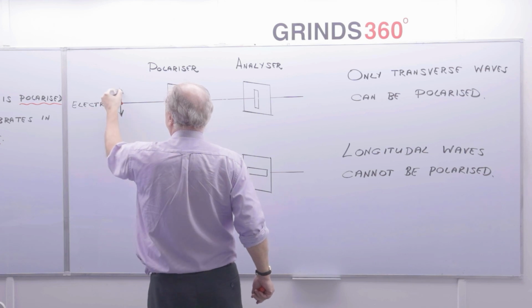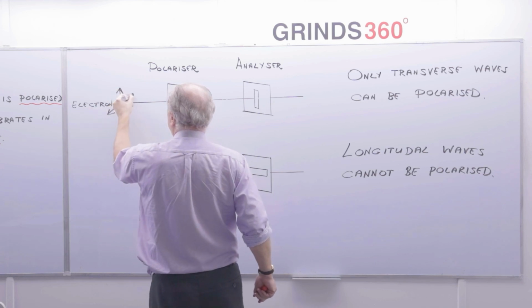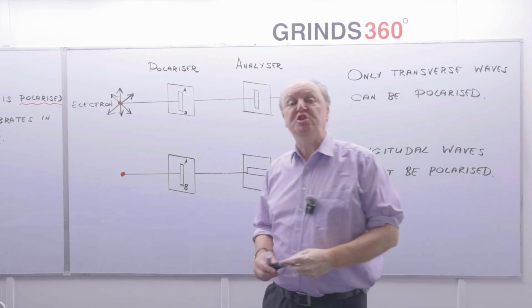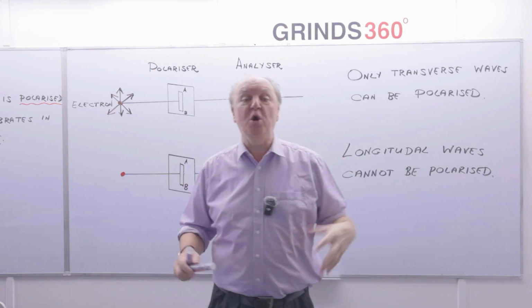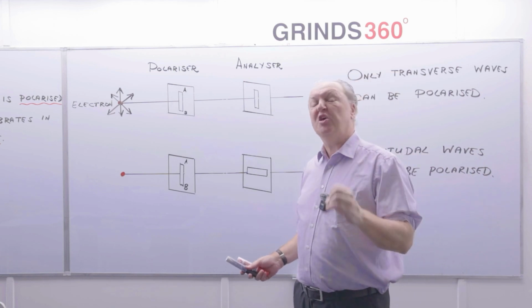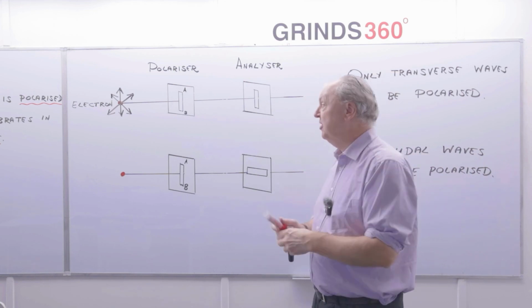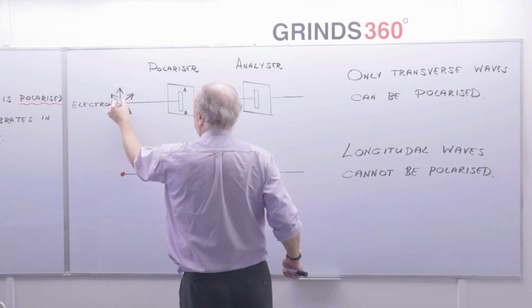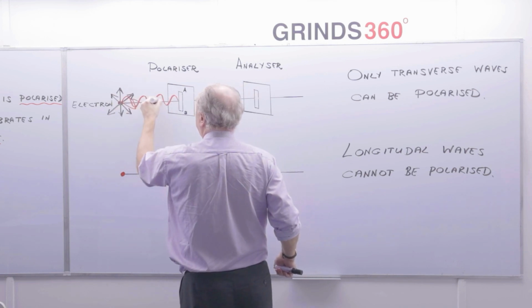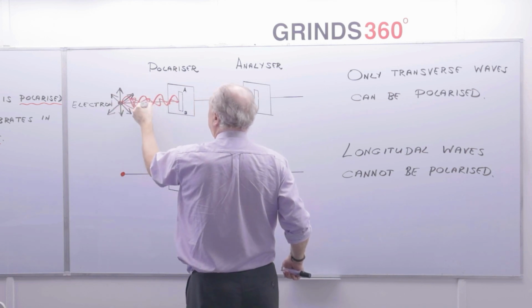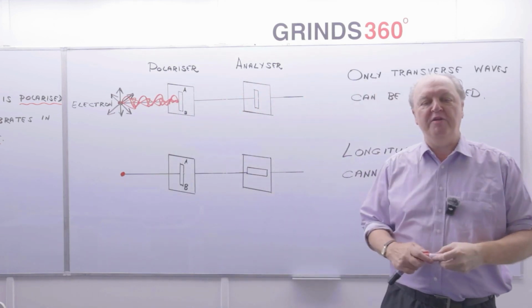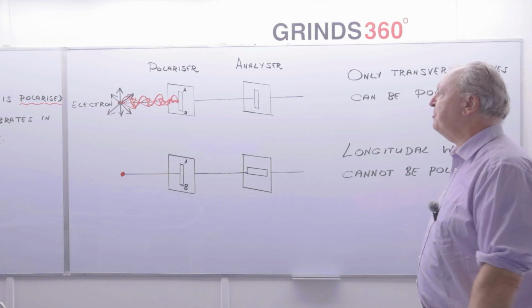It goes up and down, side to side, every direction possible. Then it will generate waves in all possible planes. And when you've got all the different planes, we call that unpolarized. So I have a wave that goes along like this, and a wave that goes from side to side. It's a bit of a mess, hard to draw on the board. But there is a non-polarized wave that is going towards an obstacle.